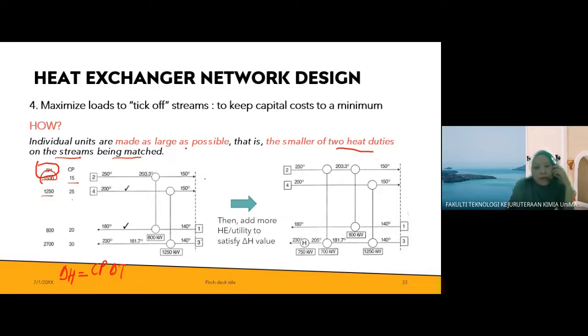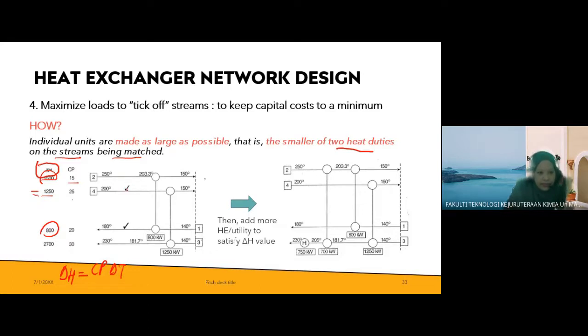Okay, now you take the smallest value of heat duties. So which are the smallest values of the heat duties of delta H? 800 and 1,250, right?